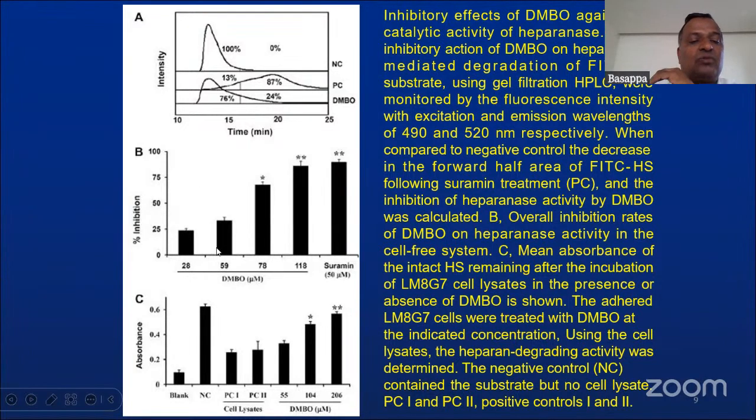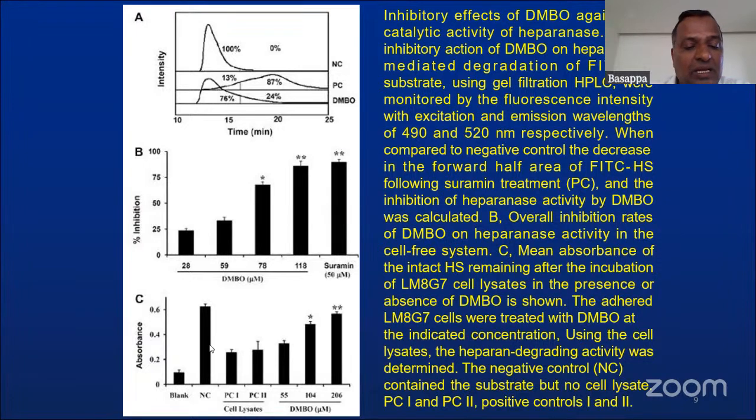We have shown in the B and C panels the quantification with different concentrations of the compound, and the percentage inhibition of the compound, where we used suramin as the positive control. So we know the compound is actively inhibiting heparinase in a concentration-dependent manner.